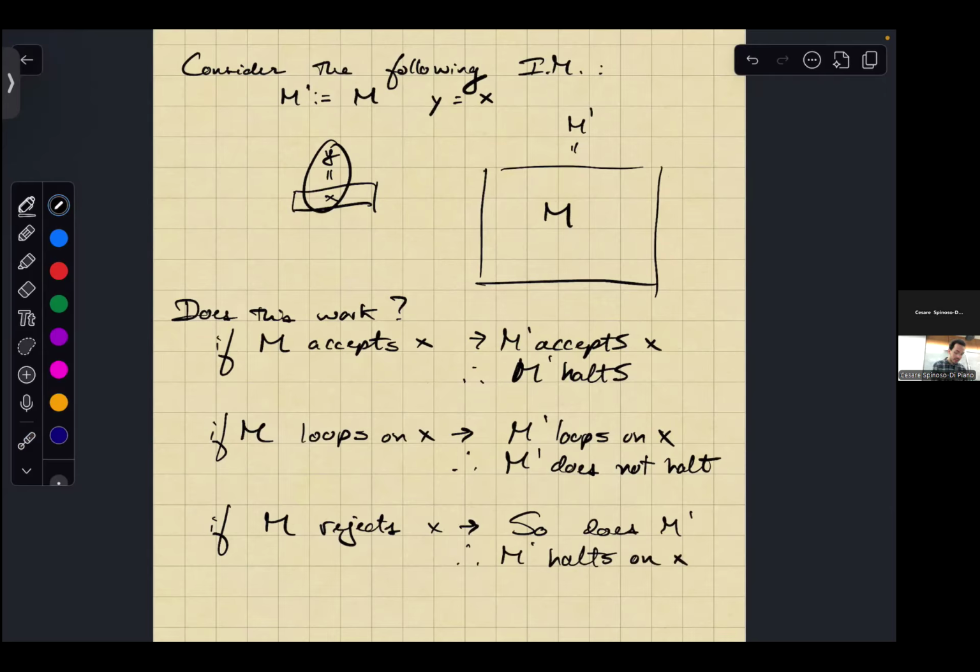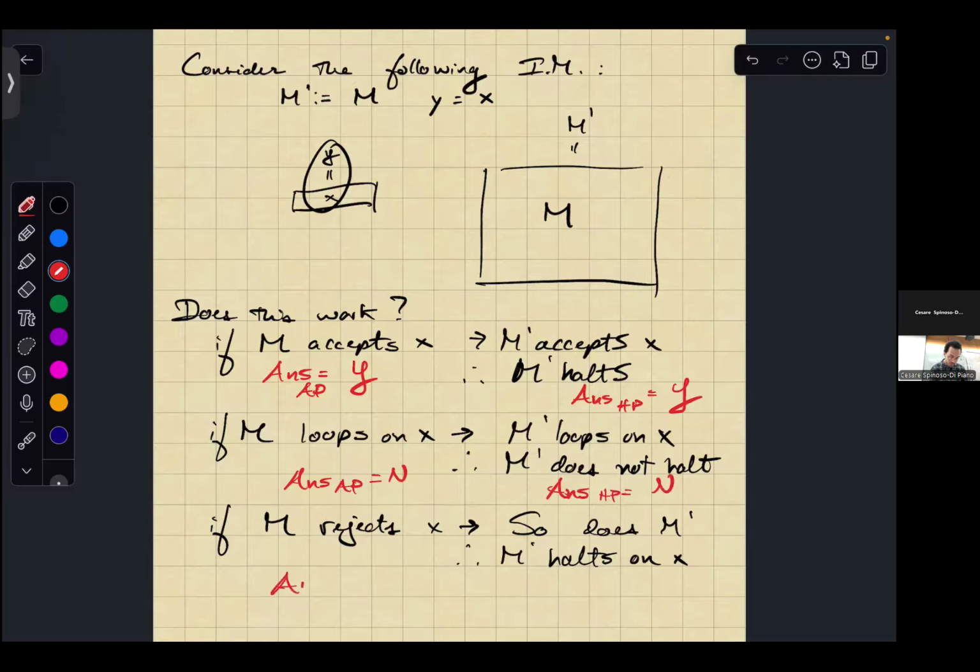And so that means that here the answer to the acceptance problem was yes, and it remained yes here. Here it was no, the second problem was no, and it remained no here.